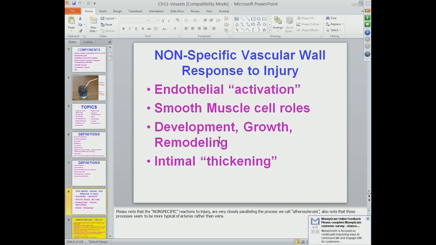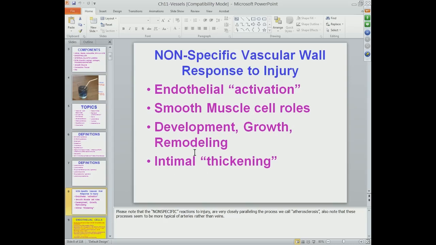Now, the thing that is almost present all the time in a vascular wall injury is damage to the intima. And that would make sense, wouldn't it? Because that's the area that's at the interface with the blood. So anything that is happening inside the blood vessel is going to result in damage or activation to the endothelium.